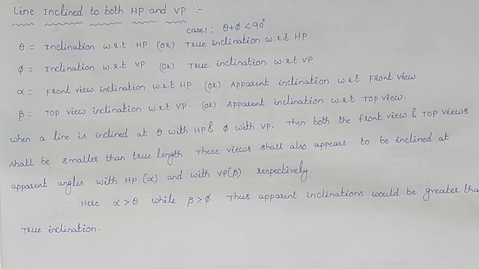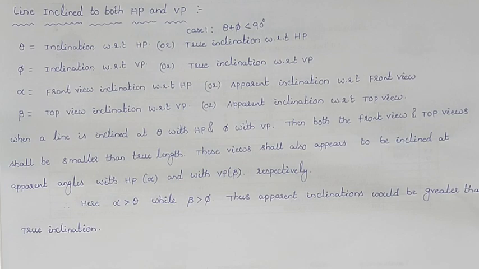Some of the important inclinations are as follows. Theta is the true inclination with respect to HP, which can be drawn above the reference line or on the reference line. Phi is the true inclination with respect to the VP, which can be drawn below the reference line.